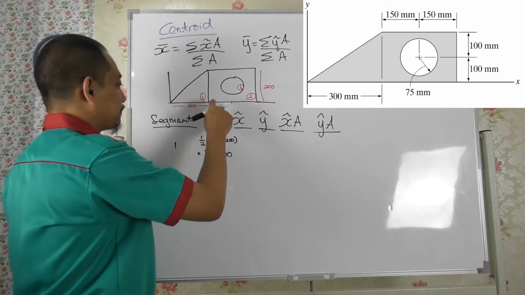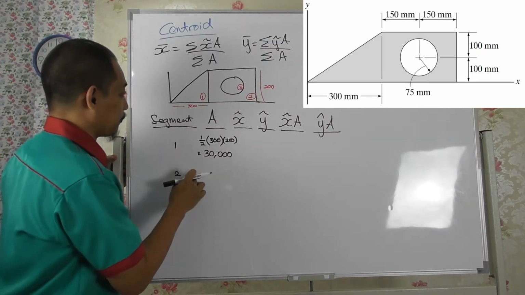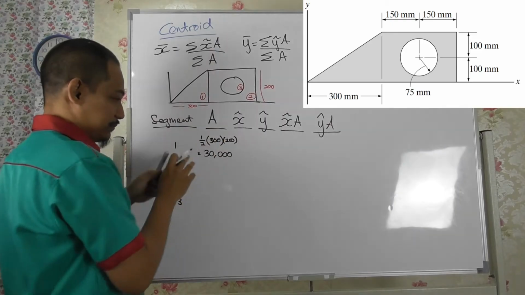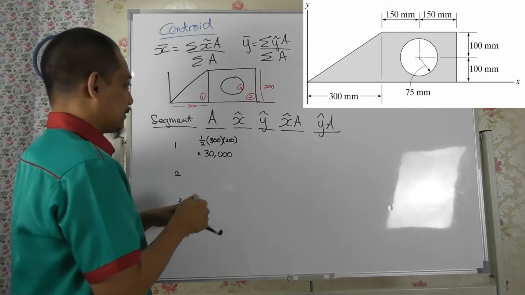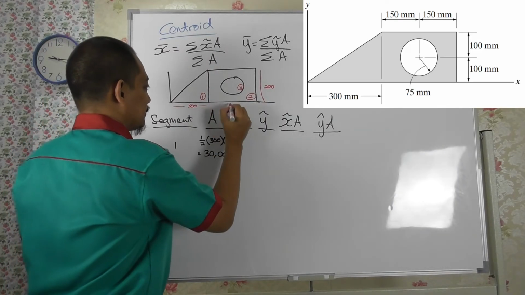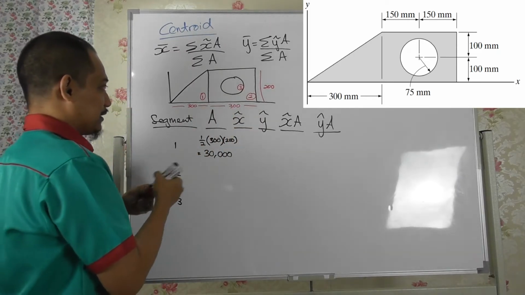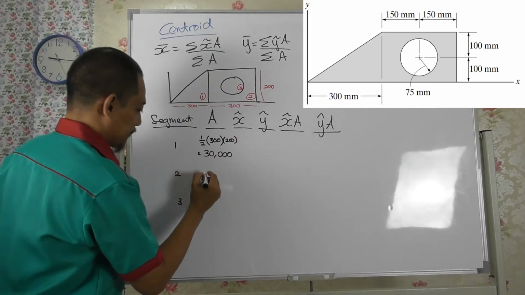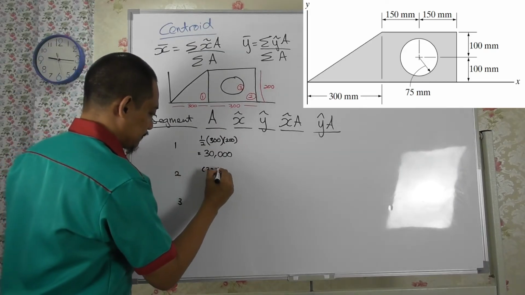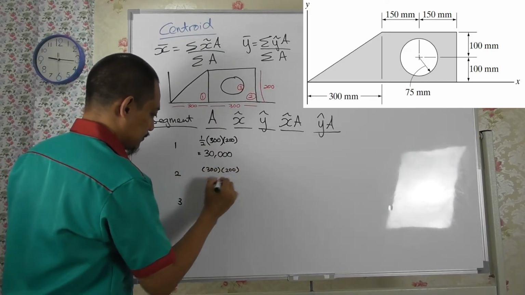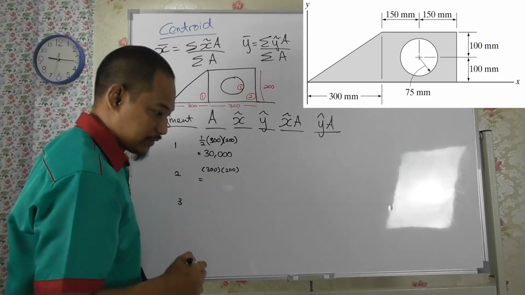So okay, we'll settle the area first. For number 2, it's just the rectangle, and this is 300, and this is another 300 here. So it's basically just 300 times 200, which becomes 60,000.